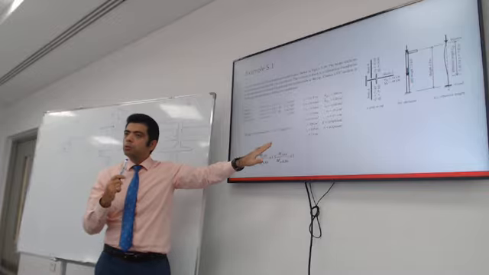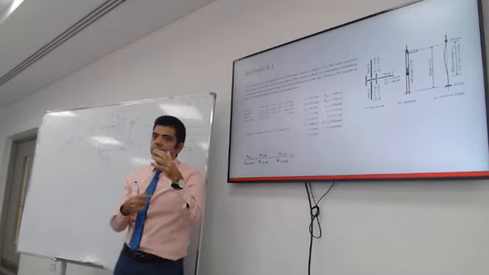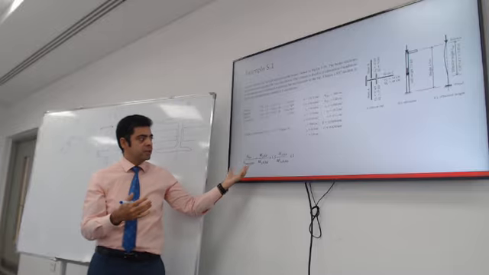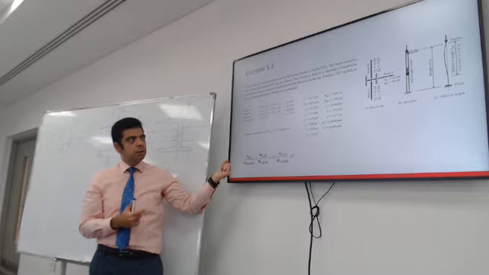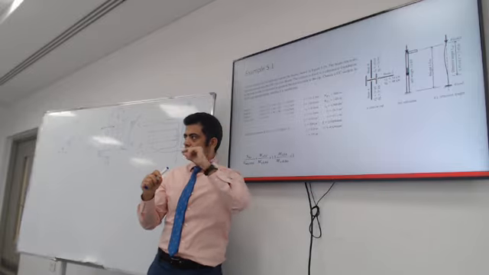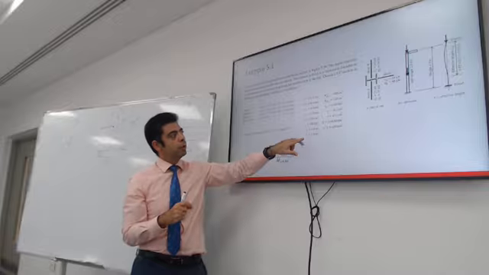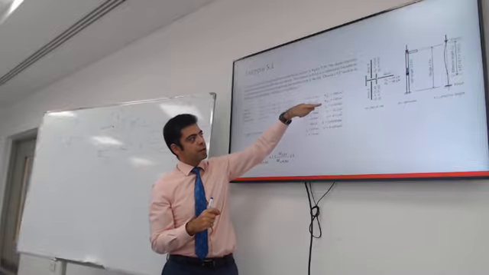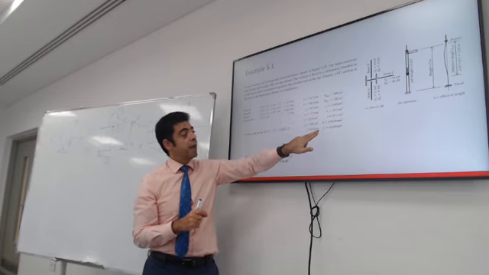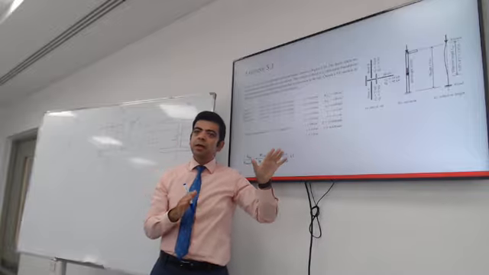We need to choose a trial section so that we can see the capacity of that section and whether it fulfills this equation or not. So you go to the commercial tables, pick a section, and that will give you the moments of inertia, the section modulus, and the modulus of elasticity and G. These are constants because they're not going to change.